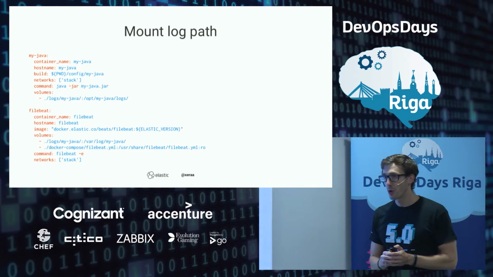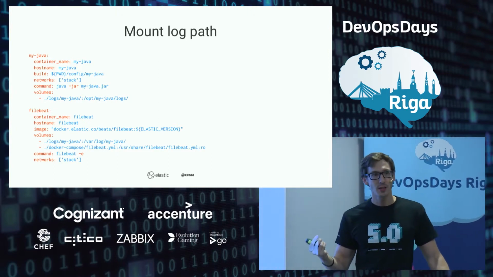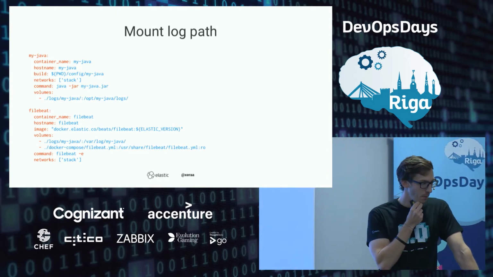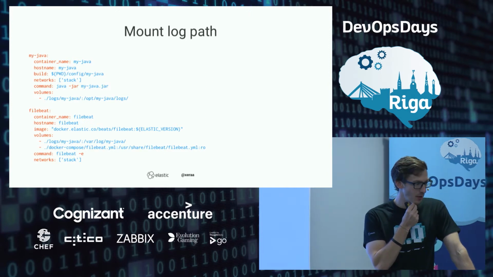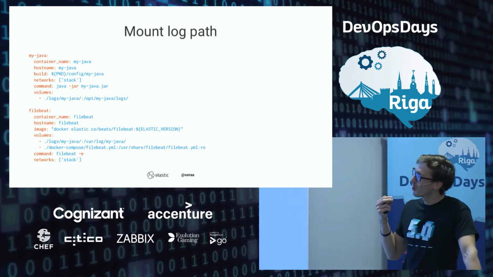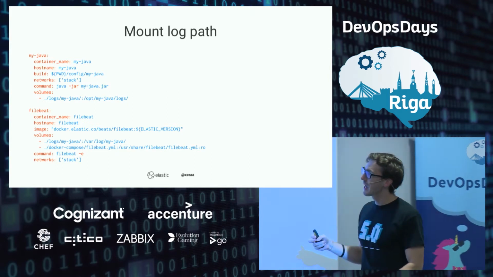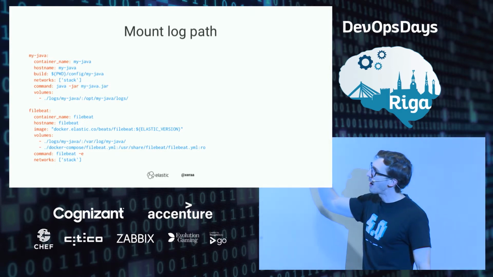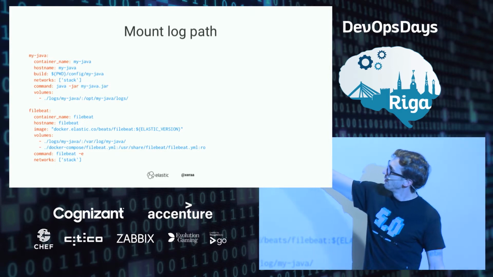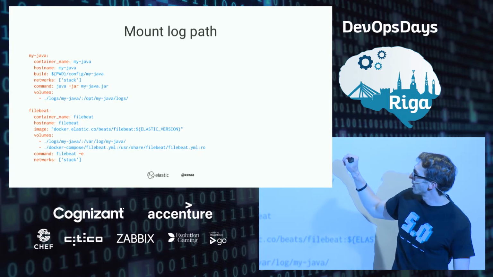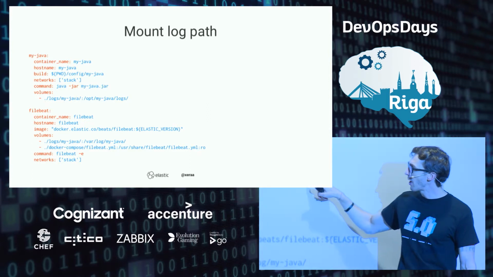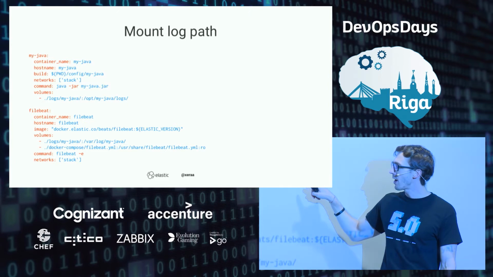The alternative is, or the downside is, if you do that, you shut down your container. Maybe it doesn't write out everything to the JSON log anymore. The alternative would be you build your application, you run it, and you mount a specific folder where you write out your log file.